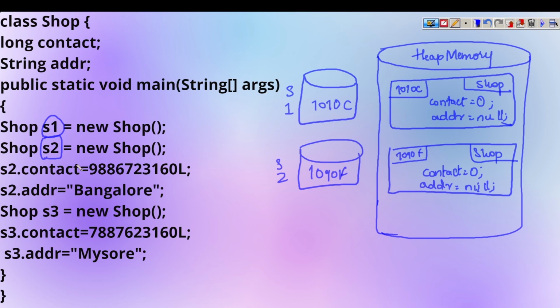The same thing happens whenever you create any object, but here you can see that for s2.contact I have given something, and for s2.address I have given something.